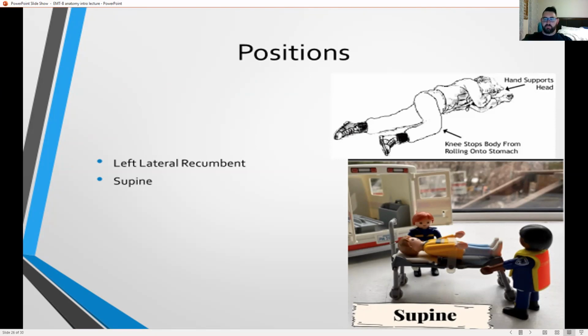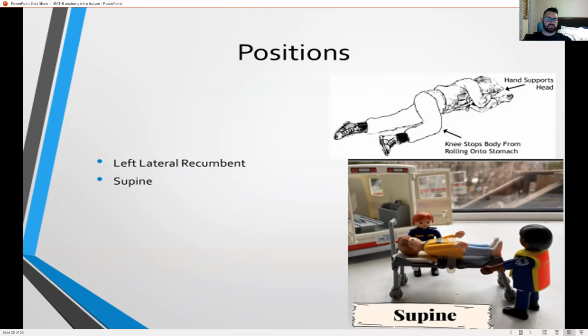The left lateral recumbent position is also known as the recovery position. That will be on your test. If you watch the videos, you'll catch that. If you're trying to skim past me, you will know it. So head supports hand, knee stops body from rolling onto stomach. This is the left lateral recumbent position. It's also known as the recovery position.